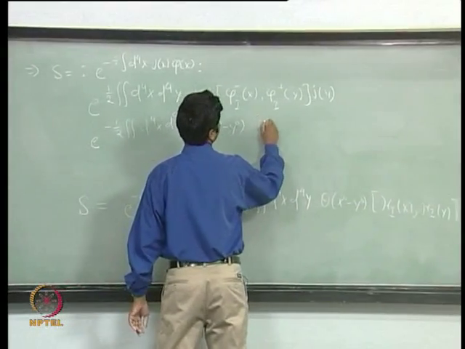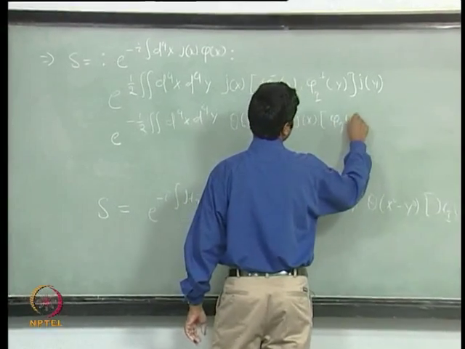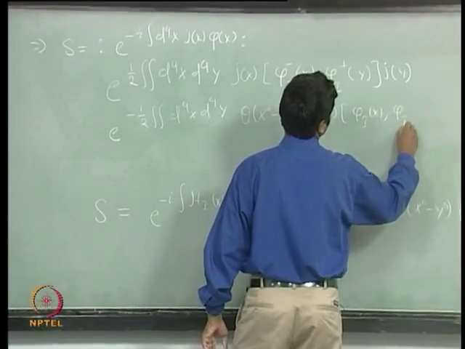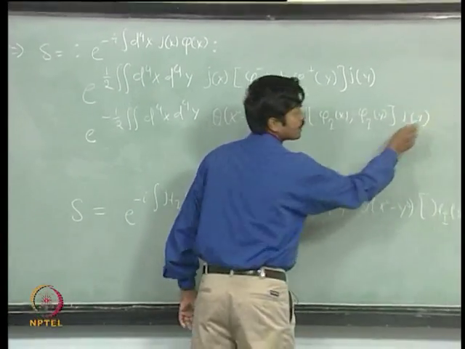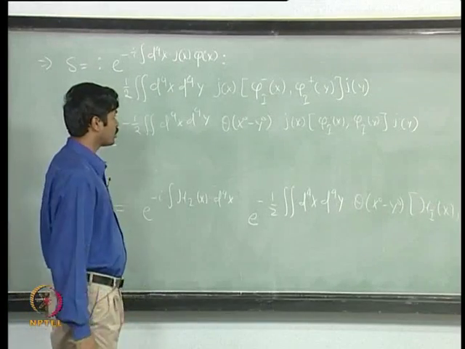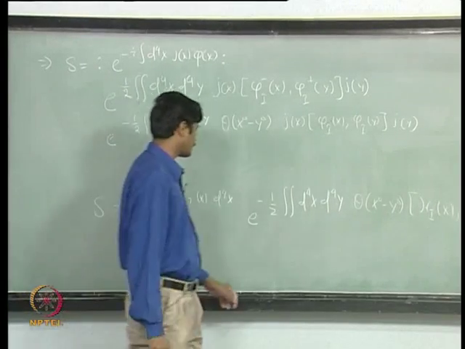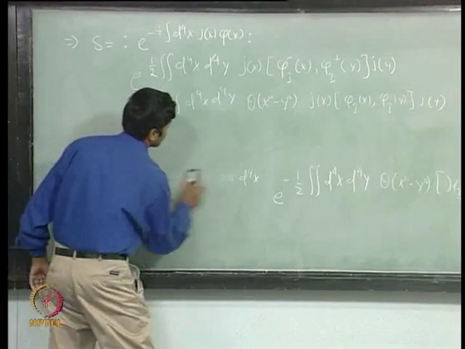So, again I will have a j of x phi_I x phi_I y j of y. All right. So, there is nothing non-trivial that is done. I have done some straightforward calculation.